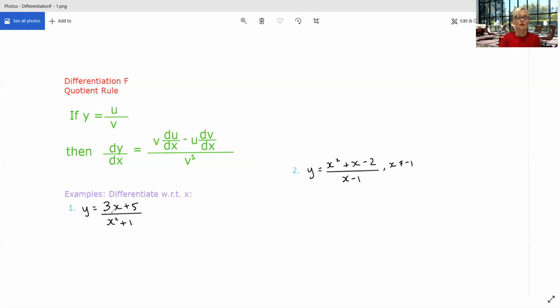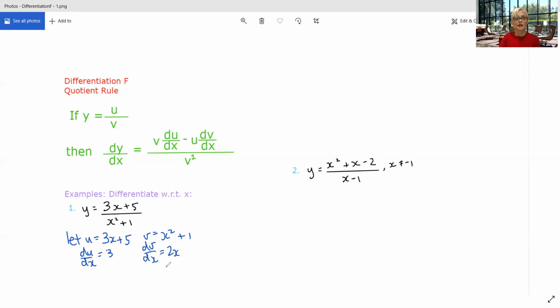So we will let u be our numerator expression, so 3x plus 5. So obviously du/dx is just going to be 3. Let v be our denominator, so x squared plus 1, so dv/dx is 2x.